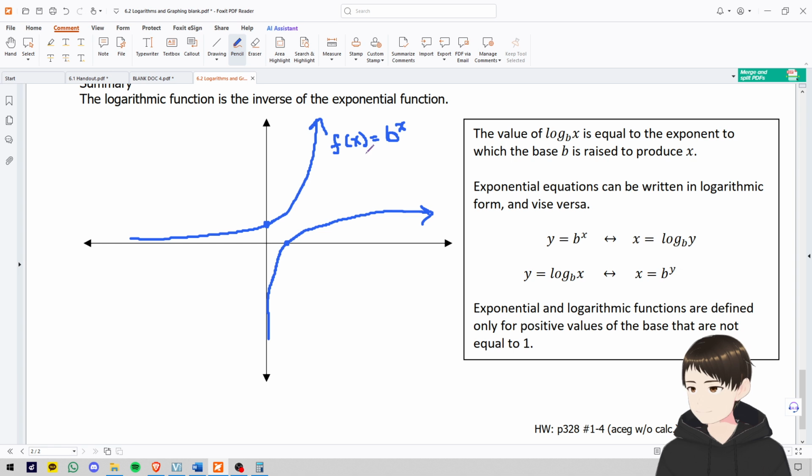This function, yes, it's a reciprocal, but it's actually log of base b x gives me a y. I'm going to call it the inverse of x. So this and this are related to each other. They are inverses. And that's wild.